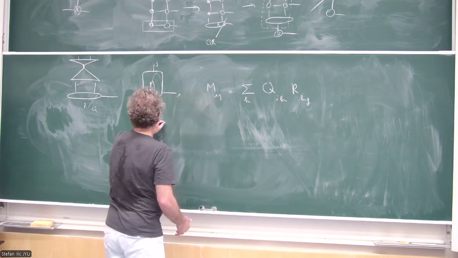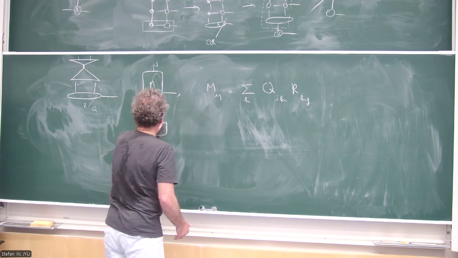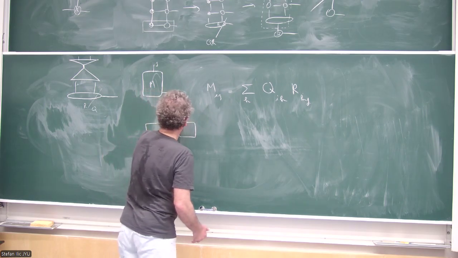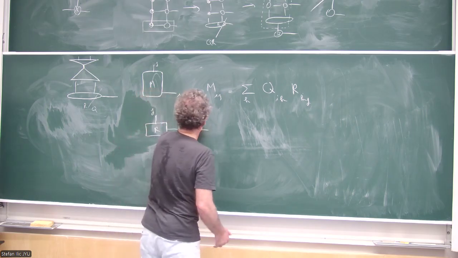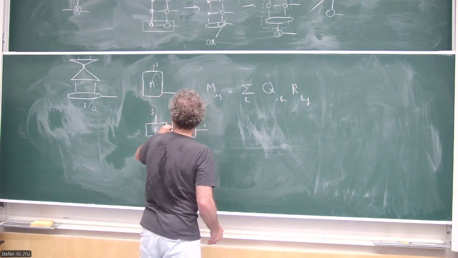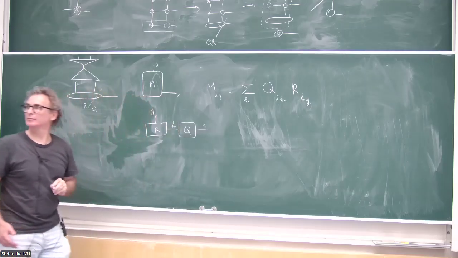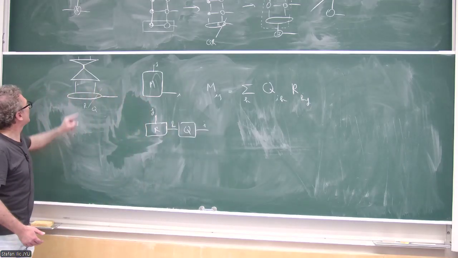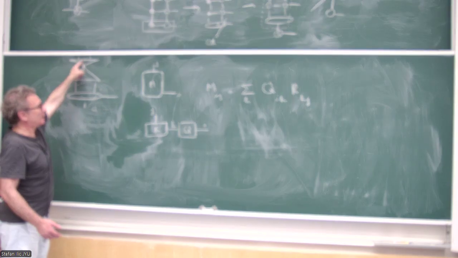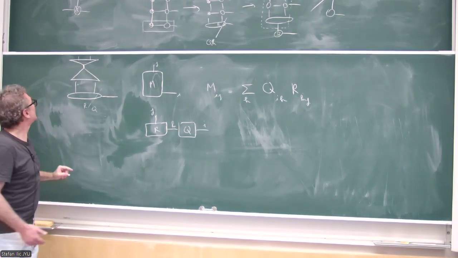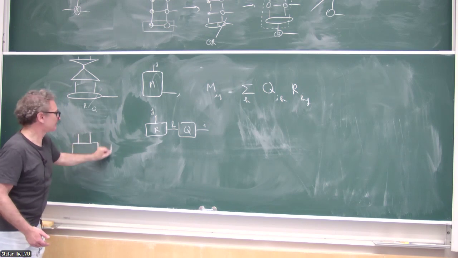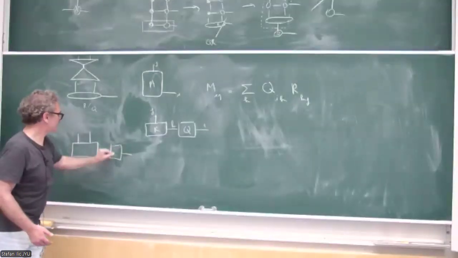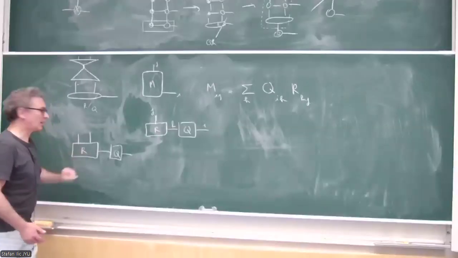Which I write like this, Q, R, and then I need to unfuse this guy again. And I get something like that. Q, R.